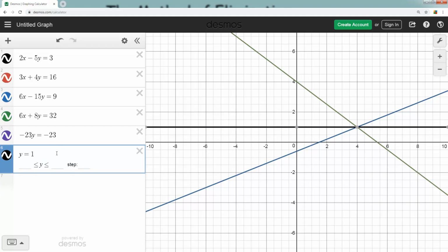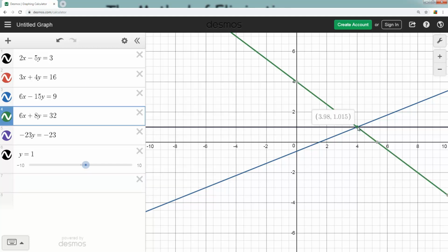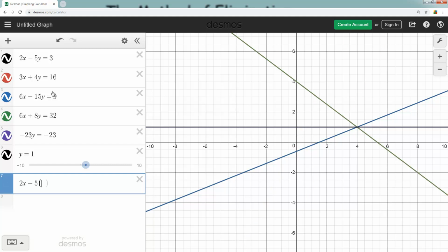So there's my solution, y equals 1. Okay, and then remember I substituted the 1 in place of y here to solve for x. Remember, we think that x is 4 here. So let's take that first equation, and I'm going to put 2x minus 5 times 1 equals 3.